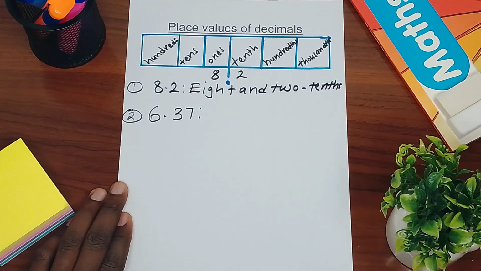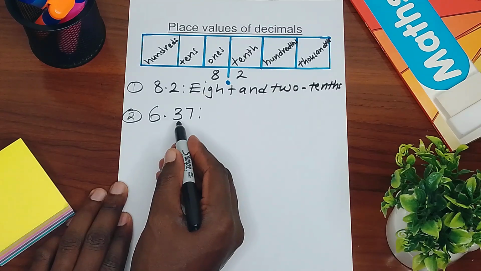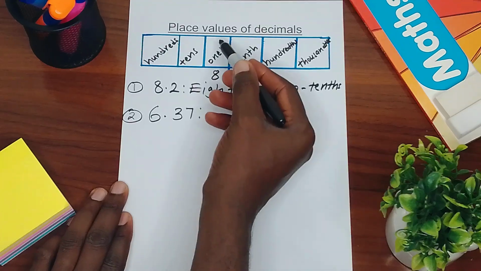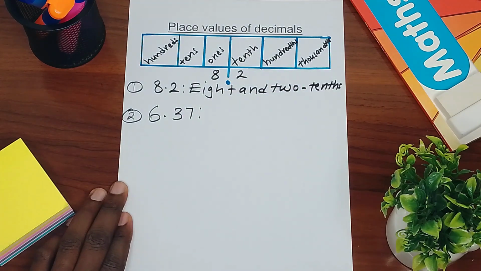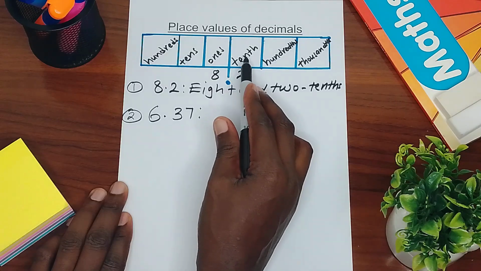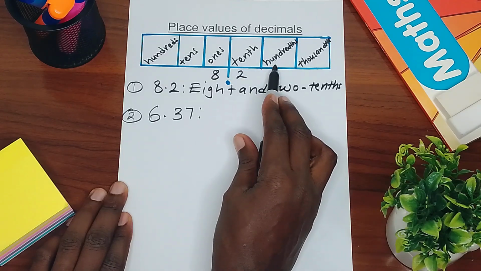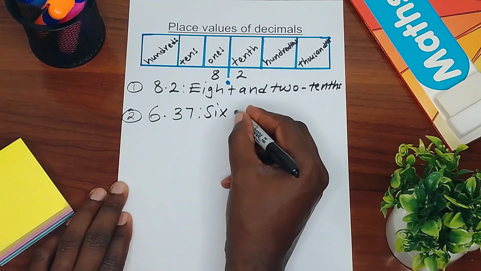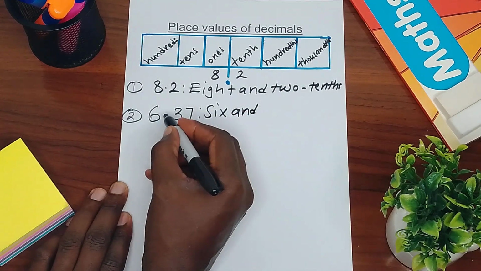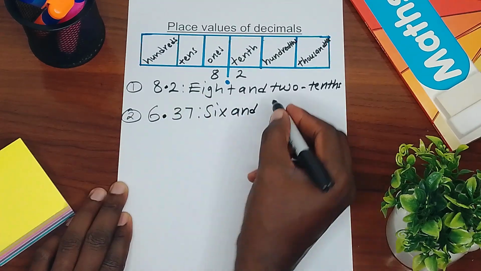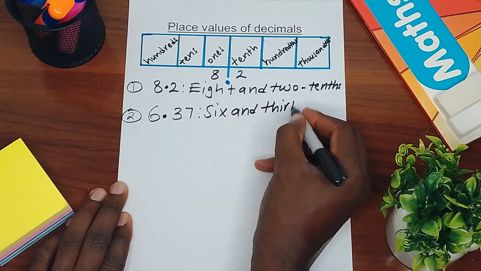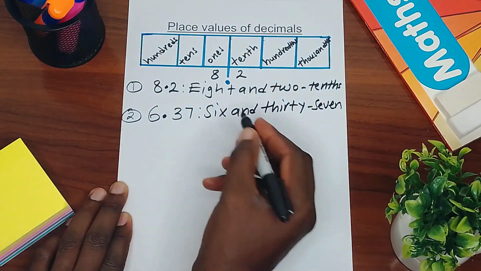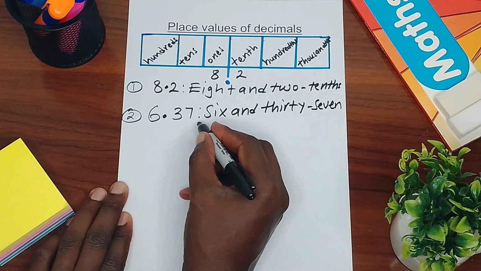Let's look at the next one. So we have this 6.37. We write this in words as 6 in the ones, in the whole numbers, it is 6. Then we have 3 here, we'll put 3 in tenths, and 7 in hundredths. So this one we write it as 6, and because of the decimal, 37 hundredths.